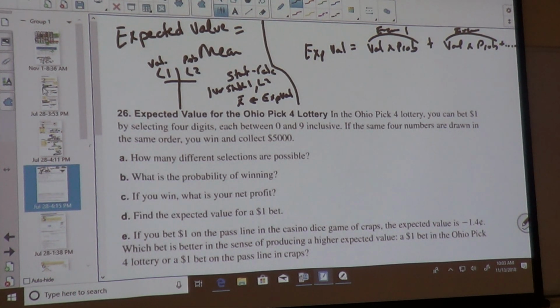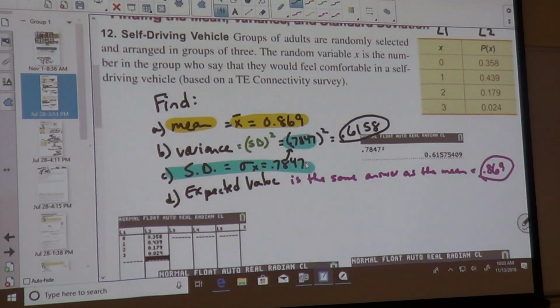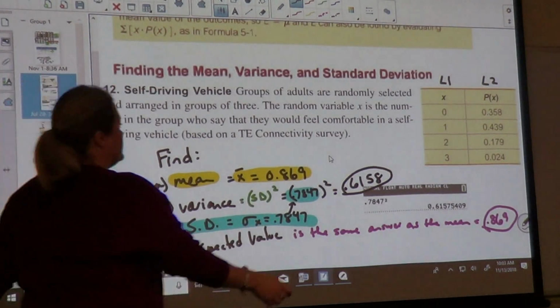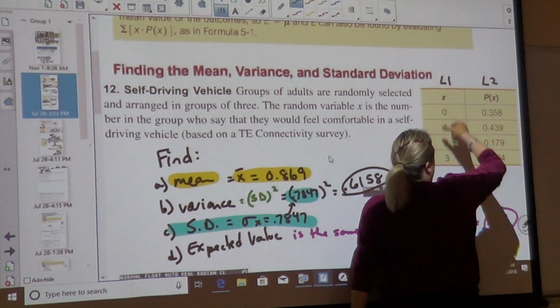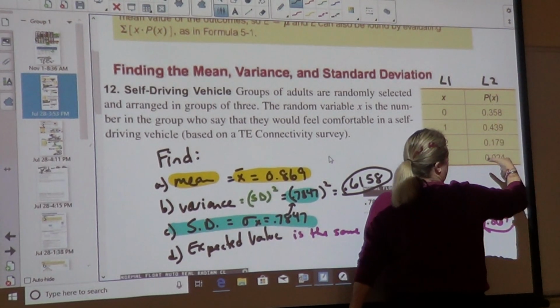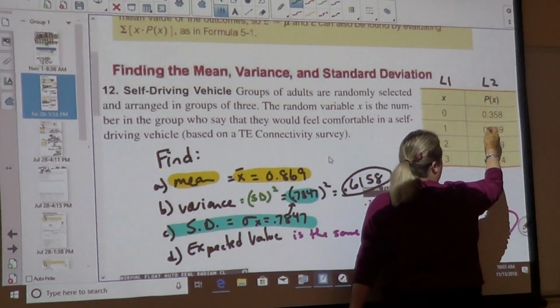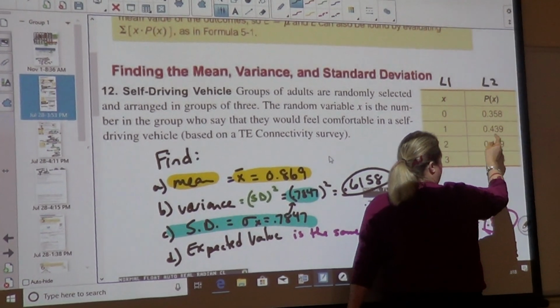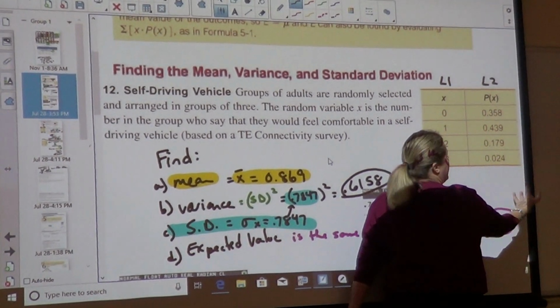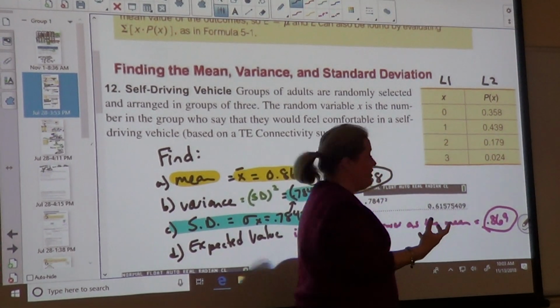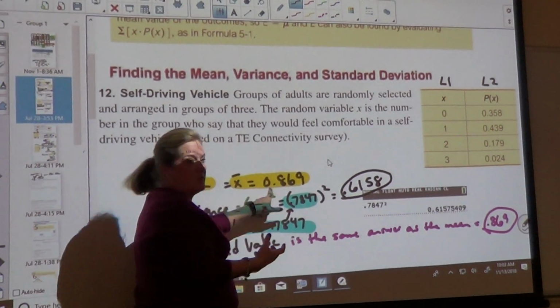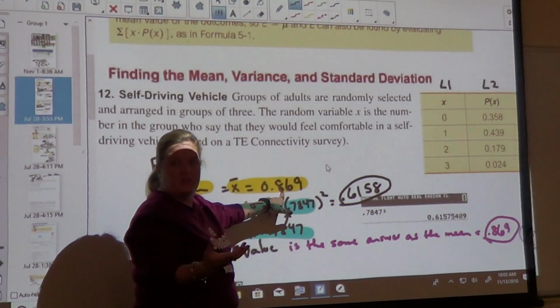If I scroll up to right here, this would be my value. This would be my probability. So we would do value times probability plus value times probability plus value times probability plus value times probability. That would give me my expected value. Well, your calculator's really doing that for you when it's giving you the mean.